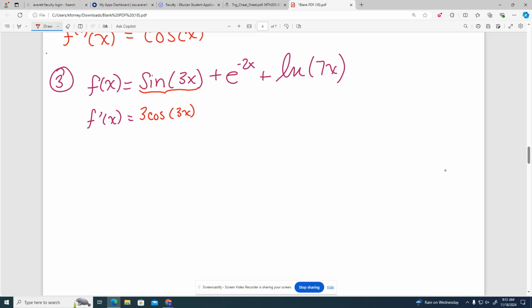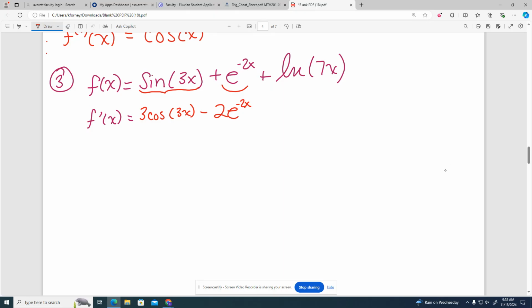Then we're also going to have to use the chain rule with e to the negative 2x. So it's going to be e to the negative 2x. That part stays. And then the derivative of the negative 2x is a minus 2.